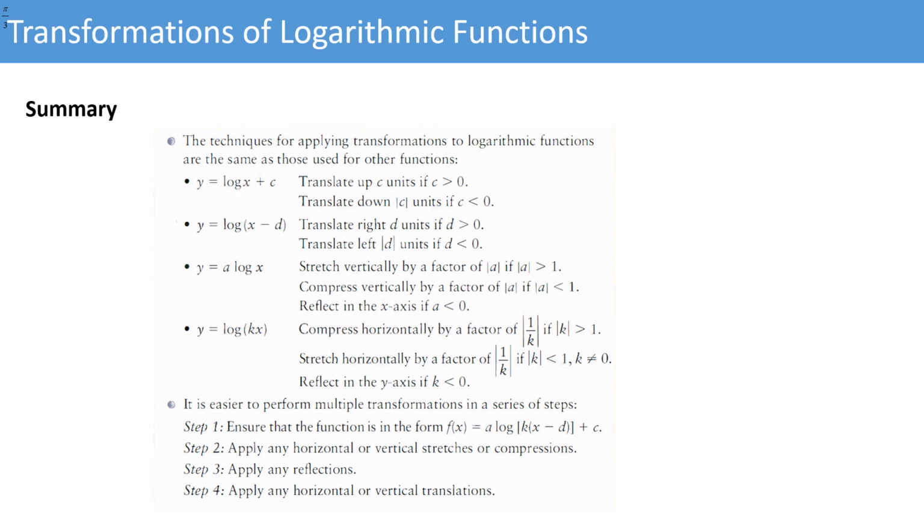Y equals a log x stretches vertically by a factor of a if a is greater than 1, and by a factor of a if a is less than 1, meaning the absolute value. The reflection is in the x-axis if a is less than 0. Y is log kx compresses horizontally by a factor of 1 over k if k is greater than 1, and by 1 over k if k is less than 1, which of course is your absolute value. Reflection in the y-axis if k is less than 0.